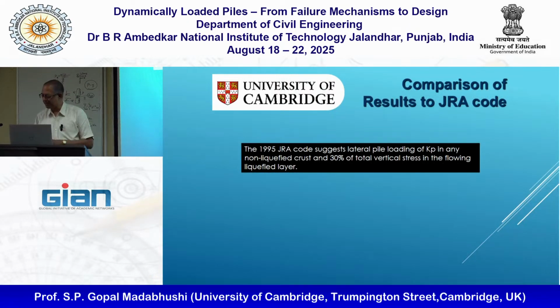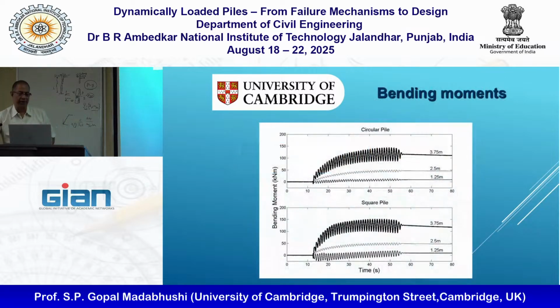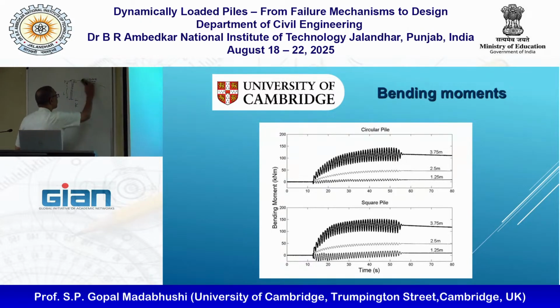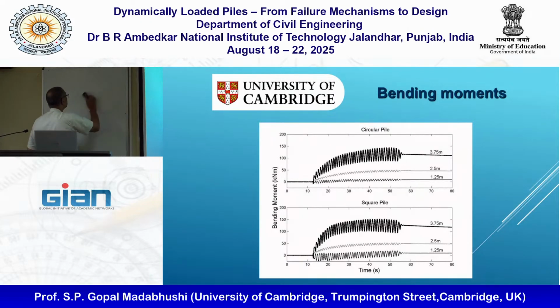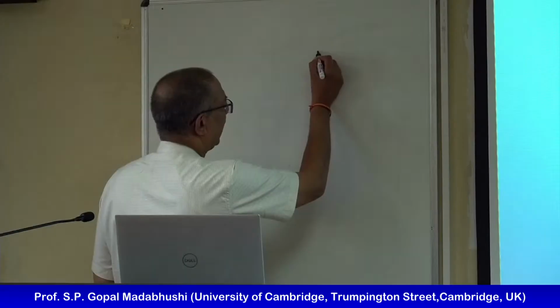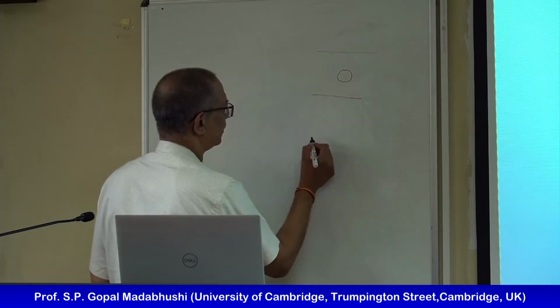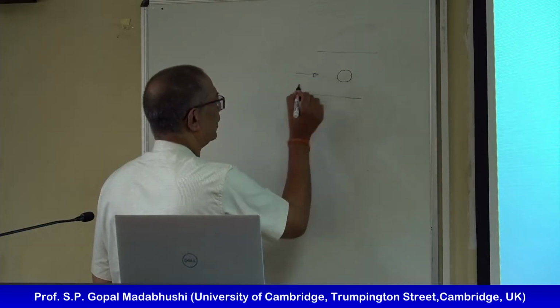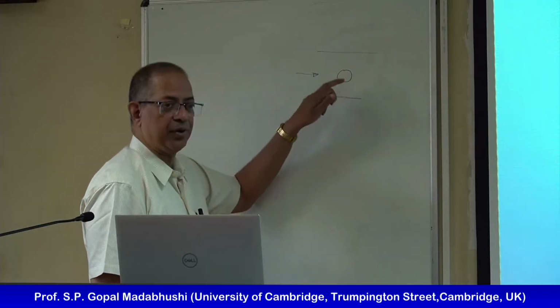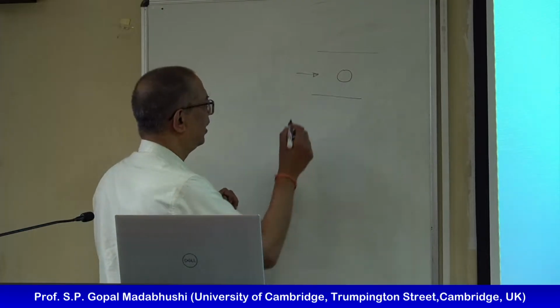But there's a bit I need to explain here. What we observed, I don't think I made a slide for it. I'm going to draw these in plan view. Say that is the plan view, that is my circular pile.